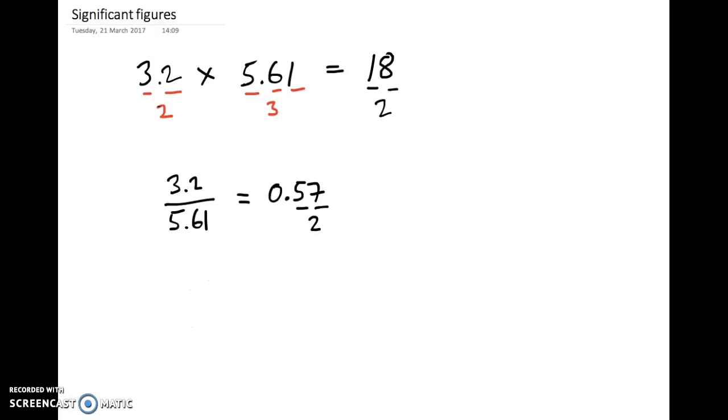Okay, now let's consider what we do with significant figures when we're adding and subtracting. So let's take a couple of numbers. 1.532, and we're going to add on to 1.65.